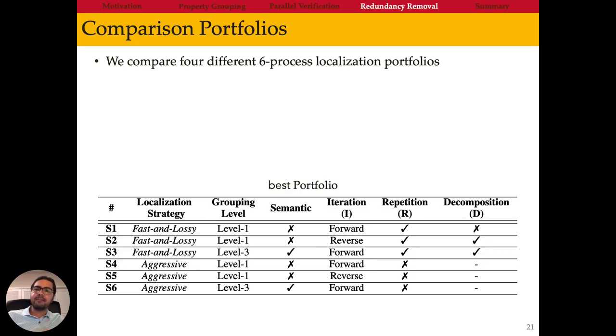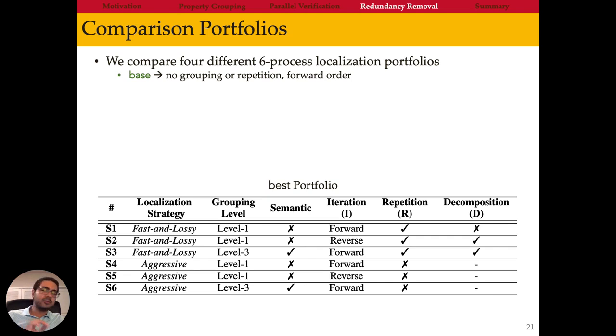To measure the impact of our 6-process localization portfolio on redundancy removal, we compare 4 different localization portfolios derived from our best portfolio. Firstly, there is the base portfolio that does not perform any grouping whatsoever, and all the processes solve properties in the same order.